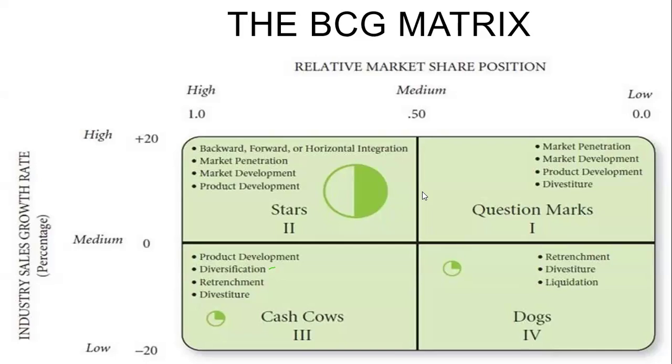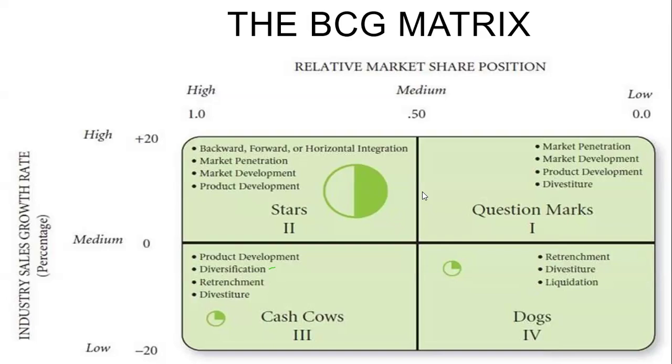So the idea is that question mark divisions are the ones that have relatively low market share position, although their industry growth rate is perceived to be high. Their potential to grow is high, but that potential alone will not fetch you the income or the profit you are looking for at the end of the day.